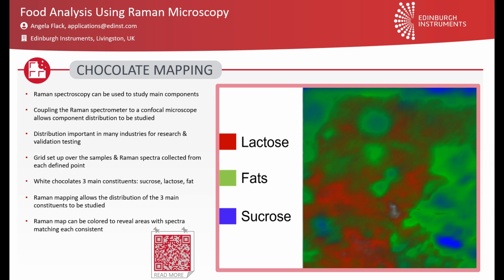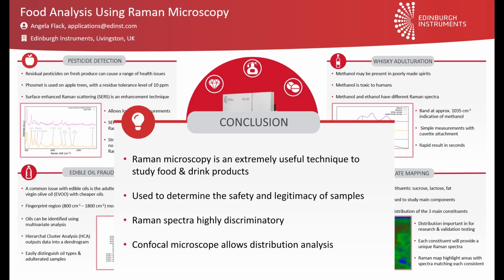White chocolate is composed of 3 main components: lactose, fat, and sucrose. Using Raman mapping, we can collect millions of spectra, which can be characterized as one of these 3 components. We can then color areas which have spectra matching each component to see the distribution of them in the sample. So for example here, we can see where the sucrose is located or where the lactose is located.